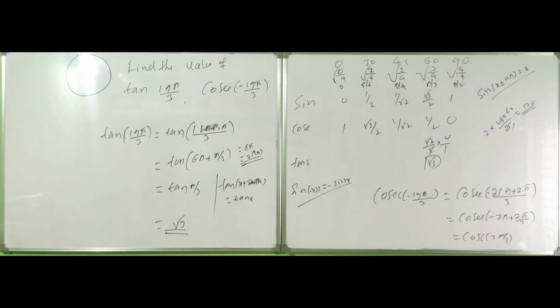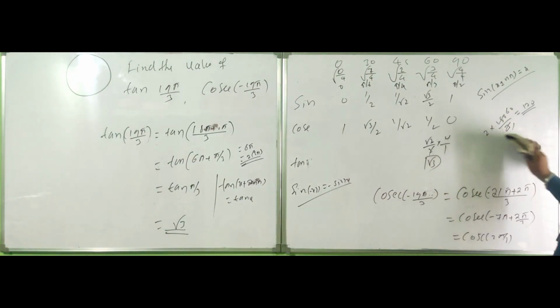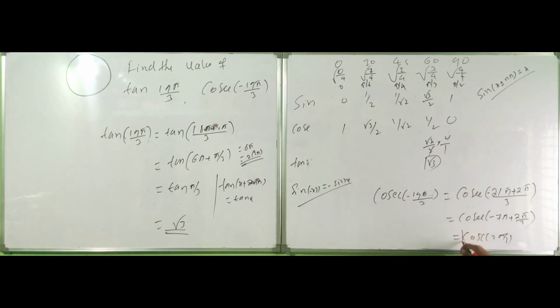So students, this assumption is wrong, because it's not yielding our required value. Sign is positive, the value of 2 pi by 3.